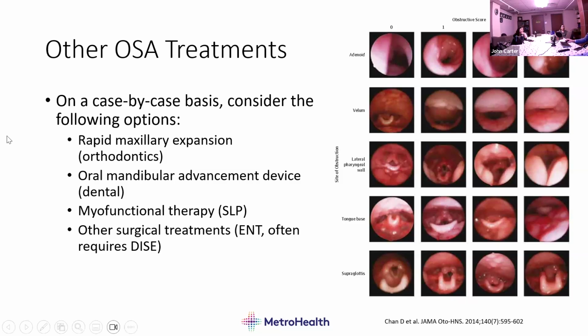So there's reasonable evidence that a procedure called rapid maxillary expansion, which is an orthodontic procedure targeting basically lateral expansion of the hard palate, can be helpful, especially for those kids we were looking at earlier that have a lot of mouth breathing and had remodeling of their soft palate. Prior to adolescence, that suture hasn't closed, it hasn't ossified, right?